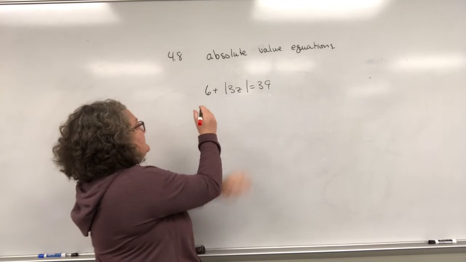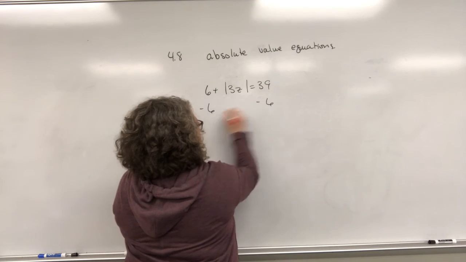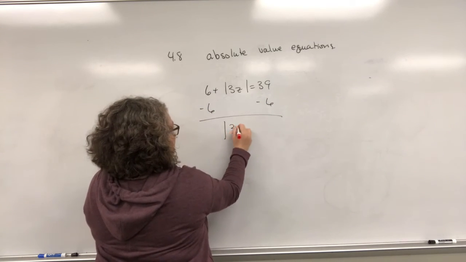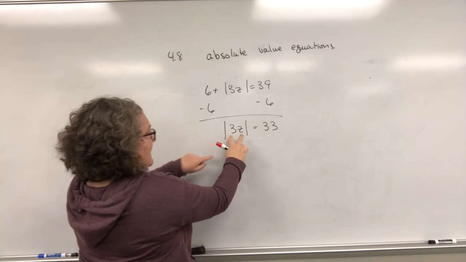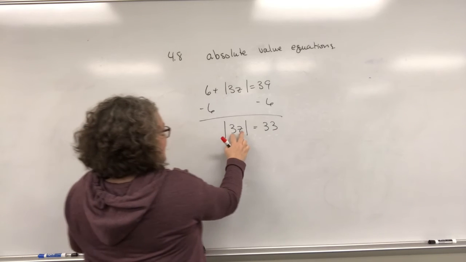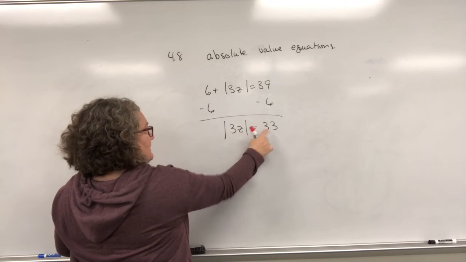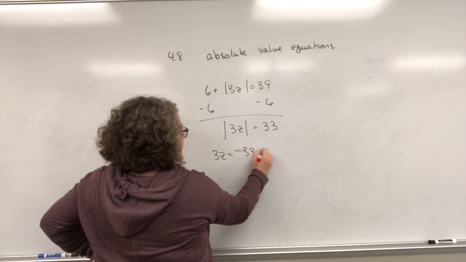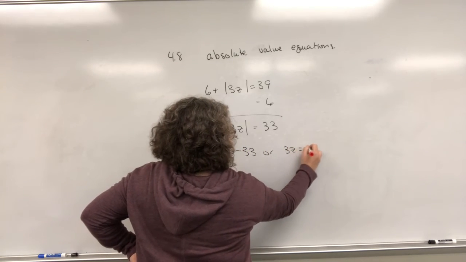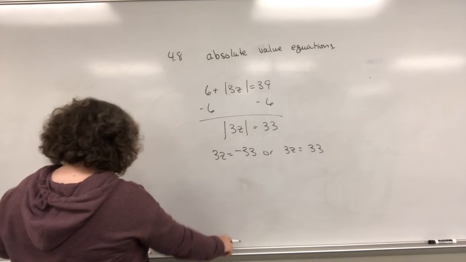So I got to get rid of that 6. So I'm going to subtract 6 from both sides, and then I have absolute value, 3z equals 33. Now I have absolute value equals a number, so I can set this to the plus and minus of that. So that means 3z equals negative 33, or 3z equals positive 33.